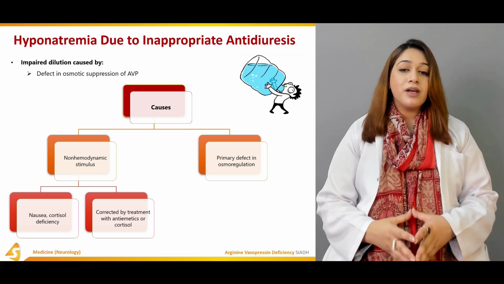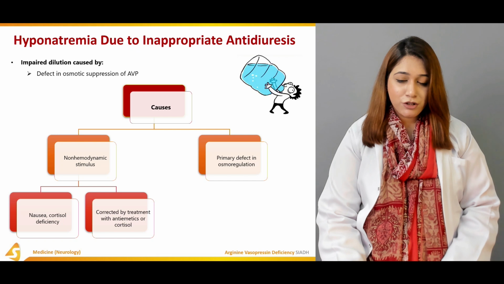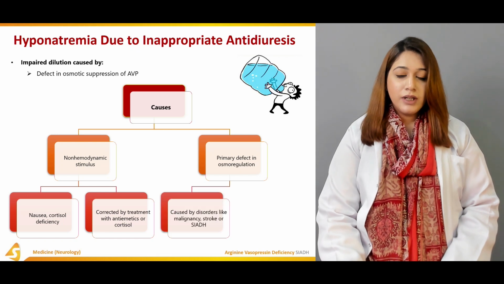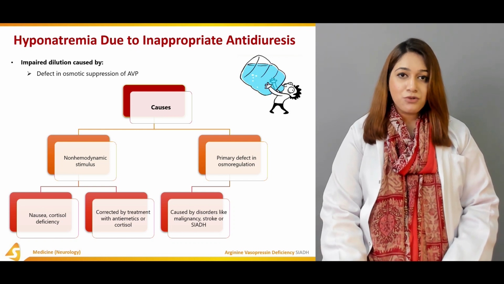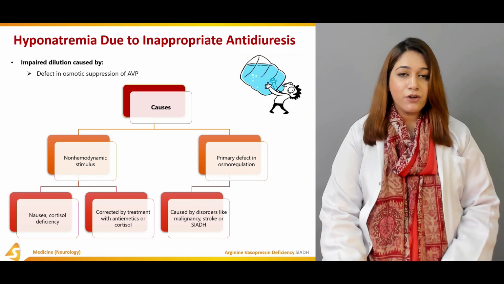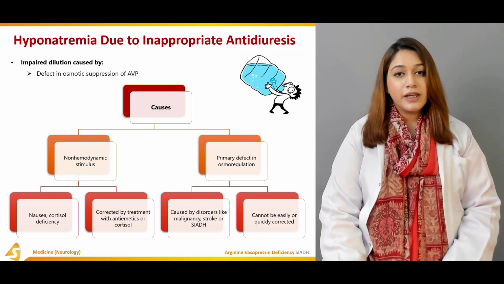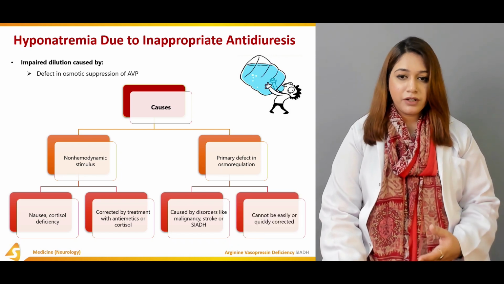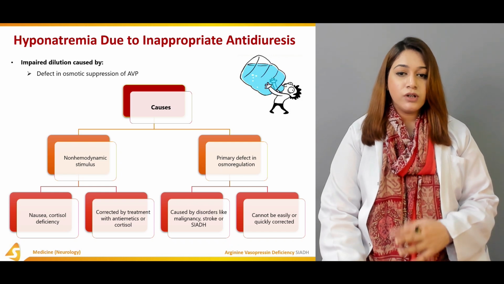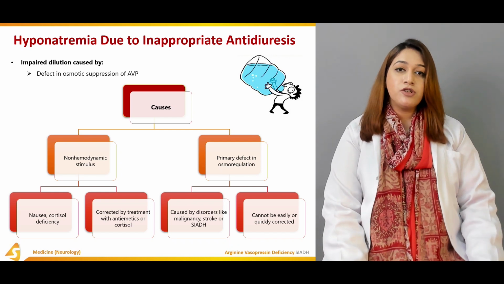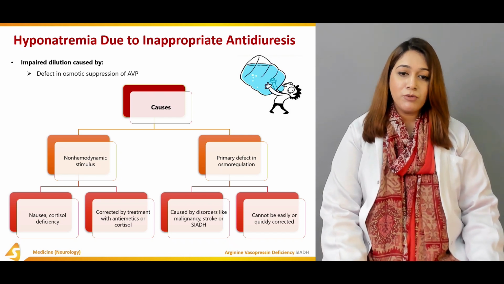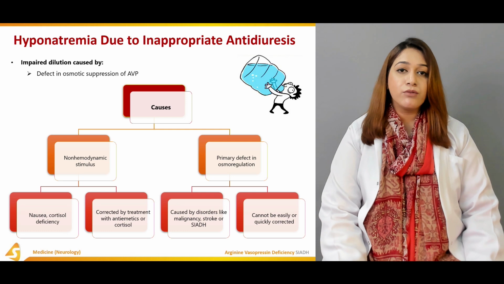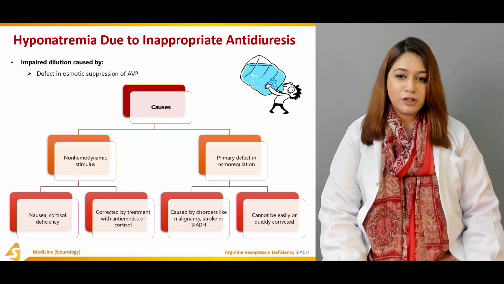Or there can be a primary defect in osmoregulation. This primary defect in osmoregulation can be caused by certain disorders like malignancy, stroke, or syndrome of inappropriate antidiuretic hormone, and it cannot be easily or quickly corrected. So these are the two main causes of defective osmotic suppression of AVP: non-hemodynamic stimuli, and primary defects in osmoregulation.